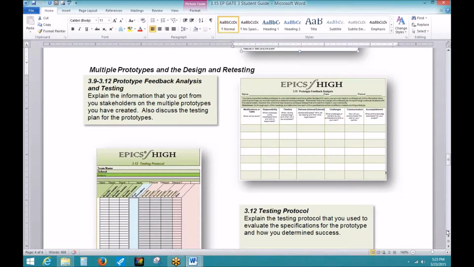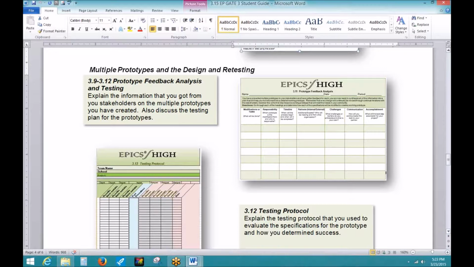And then your testing protocol. Again, these documents are all ones that are used at the university level. And that's one of the things that I wanted to stress, is that this EPICS is used at I think 20 colleges throughout the United States, and it's at Texas A&M, Purdue, Drexel.